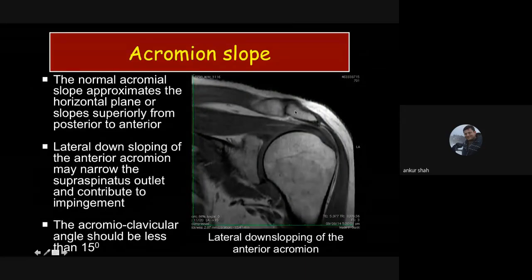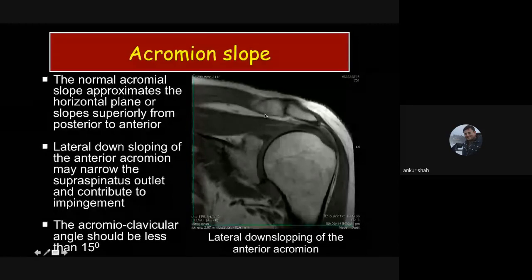Also look at the thickness of the acromion, because when a patient has significant AC joint hypertrophy and the surgeons are planning surgery, there is a shaving of the AC joint, which is known as the Mumford procedure or mini Mumford procedure, where they do partial resection of the acromion. They should know the thickness, because if the thickness is very little and they do shaving, they might cause a fracture of the acromion.